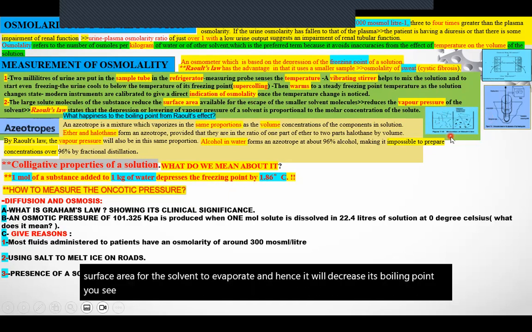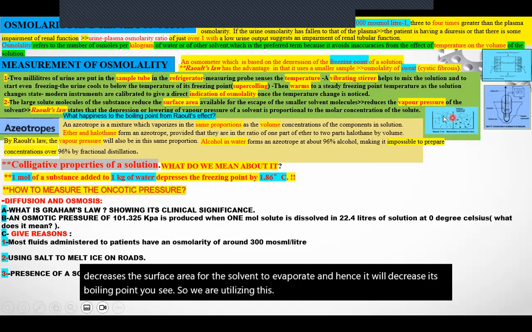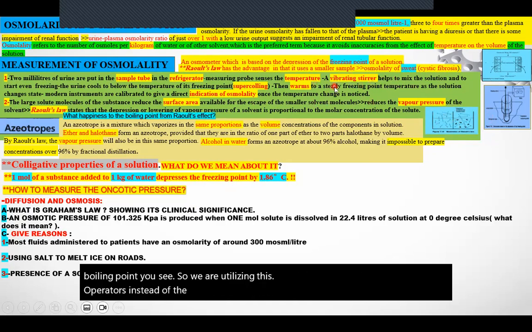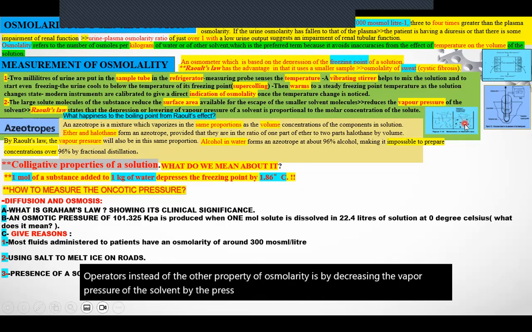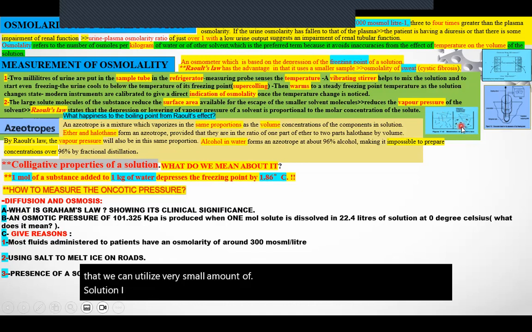So we utilize this apparatus, the other property of osmolarity, which is decreasing the vapor pressure of the solvent by the presence of the solute. The advantage of this one is that we can utilize a very small amount of solution, such as sweat, to measure diseases such as cystic fibrosis.